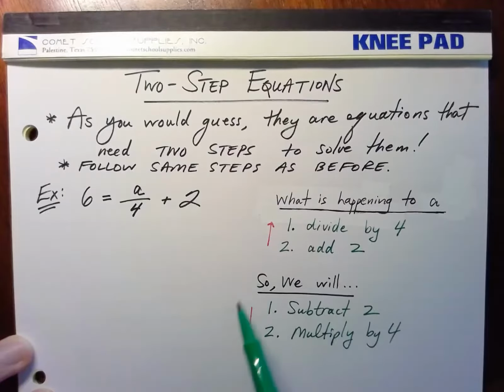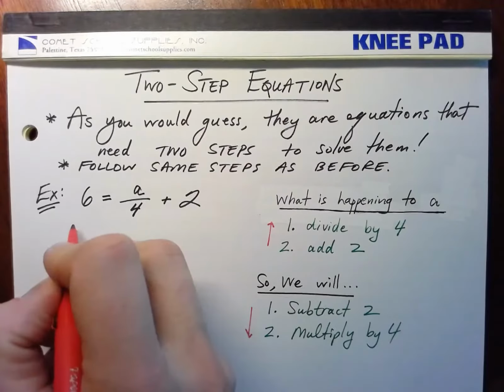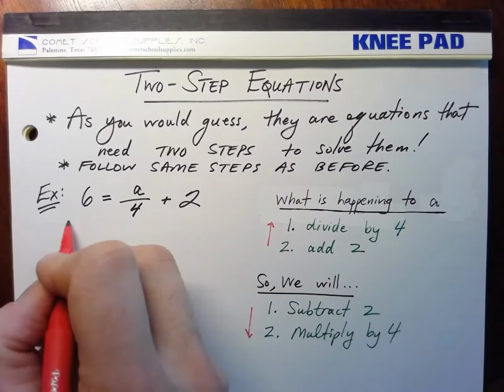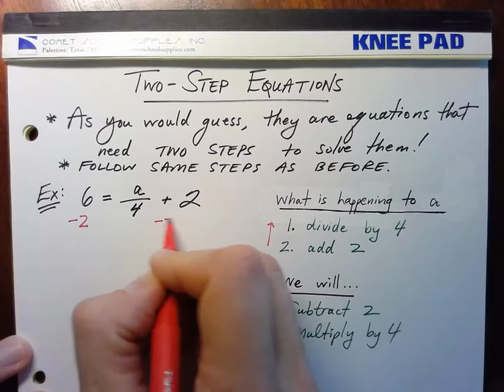And so this is literally what we are going to do to solve this equation. So the first thing we're going to do is subtract 2. And remember, whatever we do to one side, we have to do to the other. So we're going to be subtracting 2 on both sides. We're going to subtract 2 here and subtract 2 here.